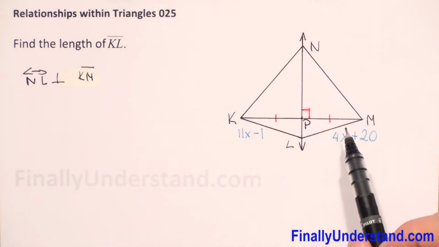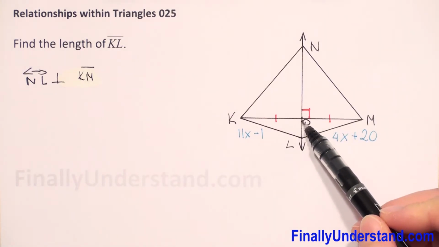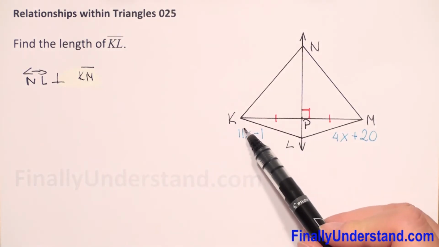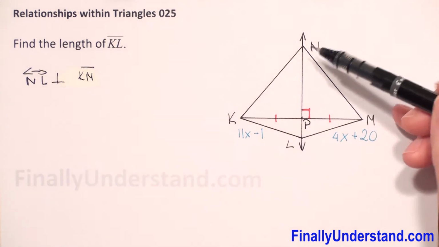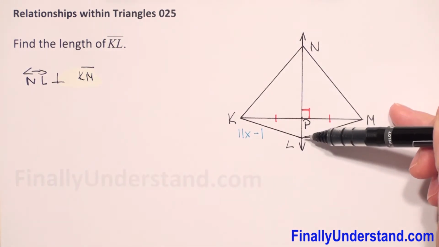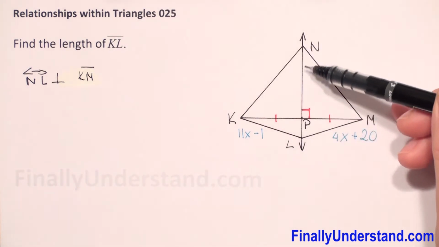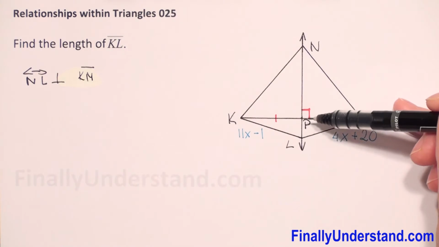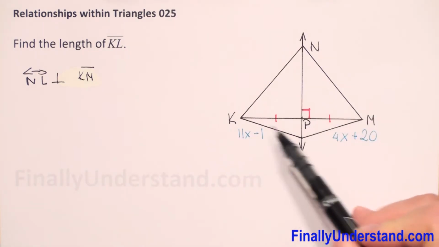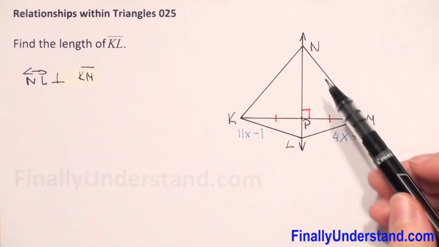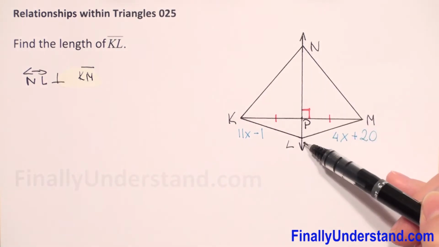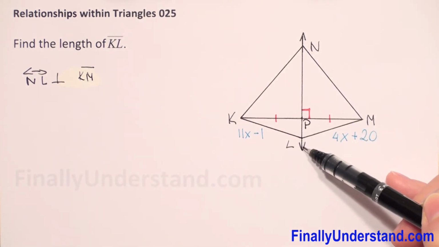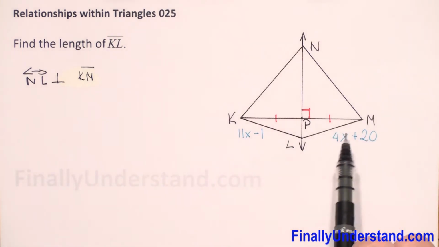Because P is the midpoint of segment KM, we can say NL or NP line is still the same line, perpendicular to segment KM, so line NL is the perpendicular bisector of KM.